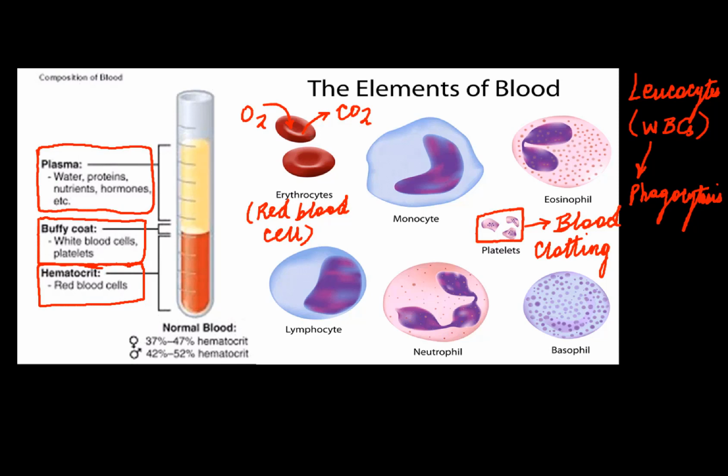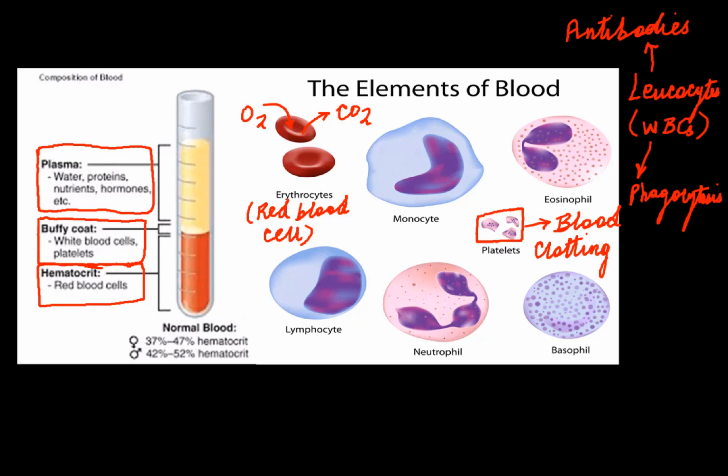Is it clear? The other type of white blood cells produce antibodies which help to fight against infections. They will help the other white blood cells, the macrophages or the phagocytes, to actually find and destroy the pathogens in the body. And they have a memory. These white blood cells have memory cells.